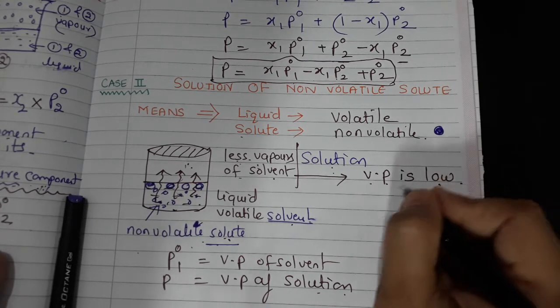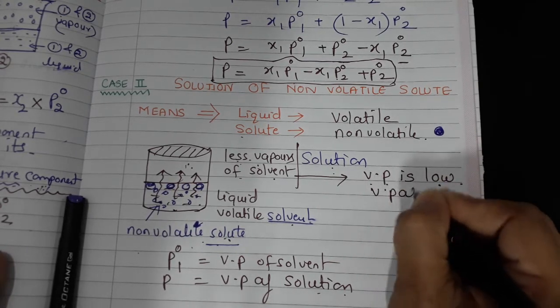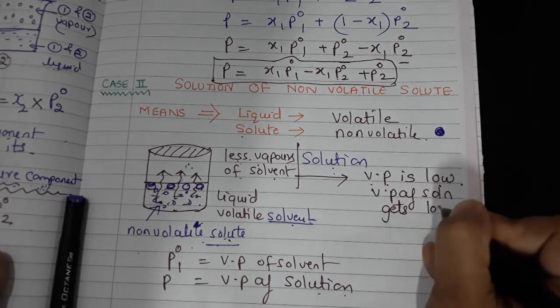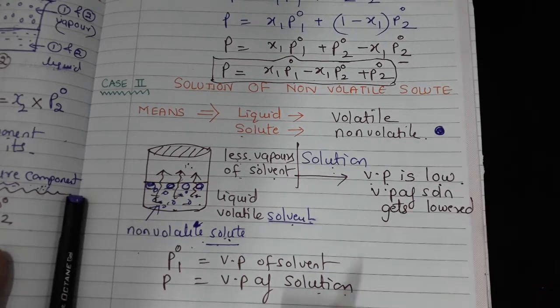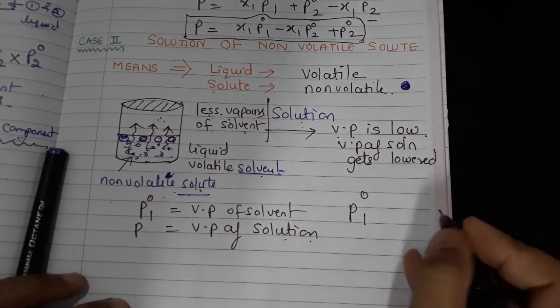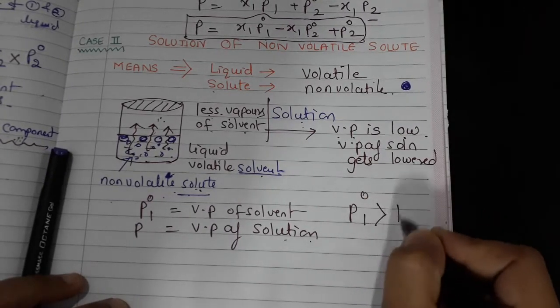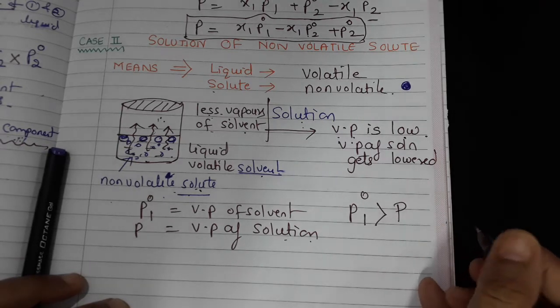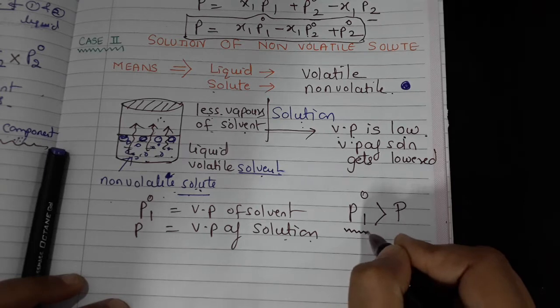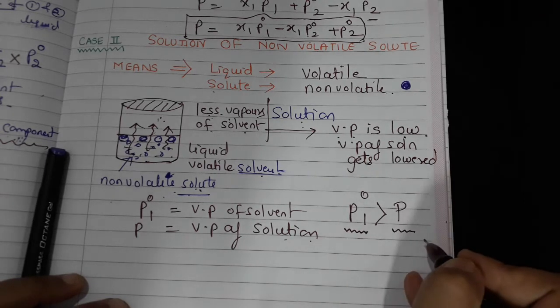It means that the vapor pressure of the solution gets lowered, and hence we conclude that the vapor pressure of the pure solvent is more than the vapor pressure of the solution. So you have to remember these terms: vapor pressure of solvent, vapor pressure of solution.